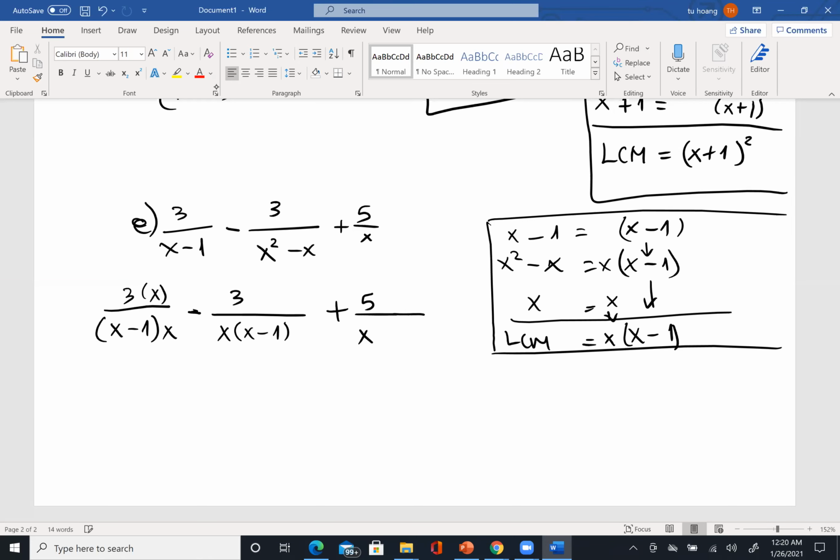This one actually needs to be multiplied by x minus 1 in order to have the same denominator. So now finally you can have 3x minus 3, plus 5 times x minus 1.